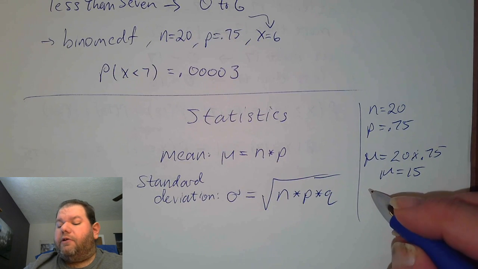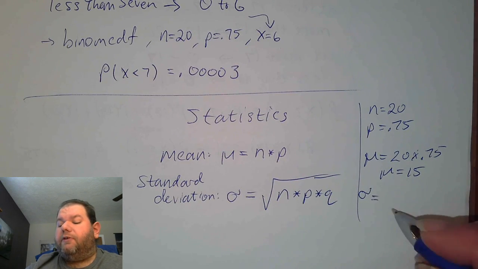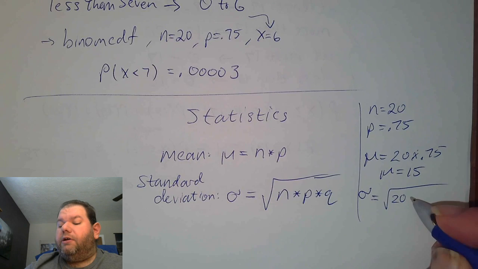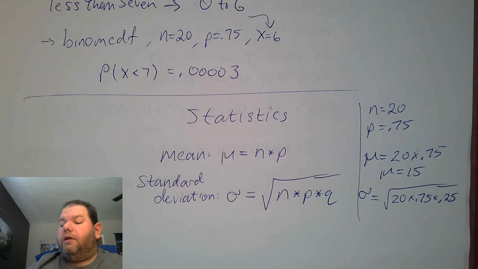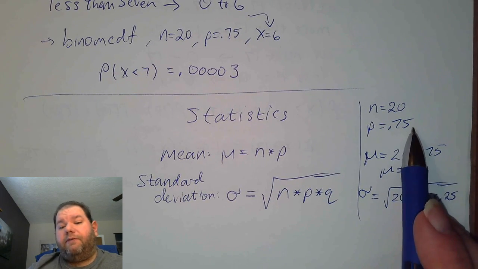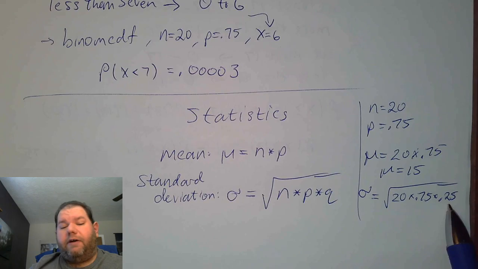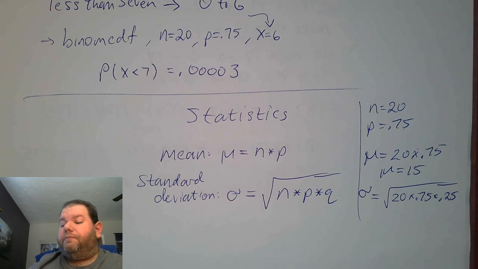Then our standard deviation, sigma, would be the square root of 20 times 0.75 times 0.25. If 0.75 is our probability of success, then 0.25 is our probability of failure.